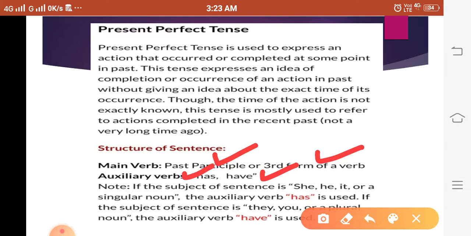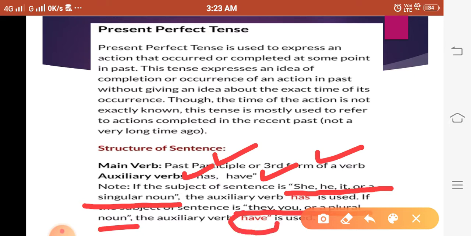If we have subjects like she, he, it, or any singular noun, then we use has as the auxiliary verb. If we are using subjects like they, you, I, or any plural noun, then we are supposed to use have as the auxiliary verb in our sentence.